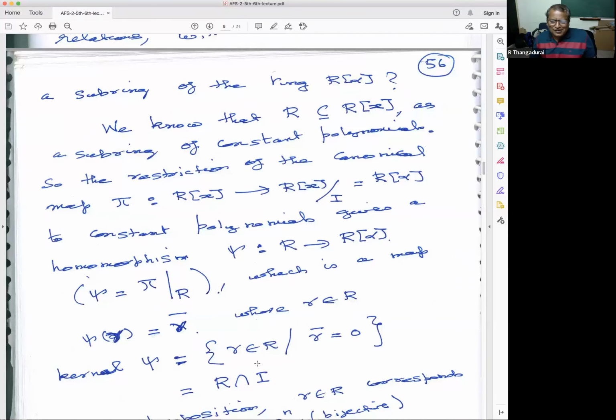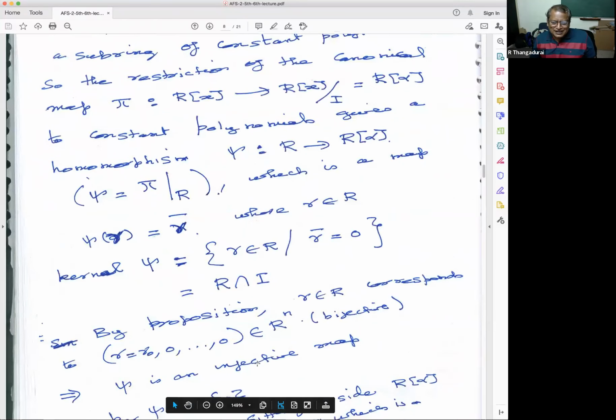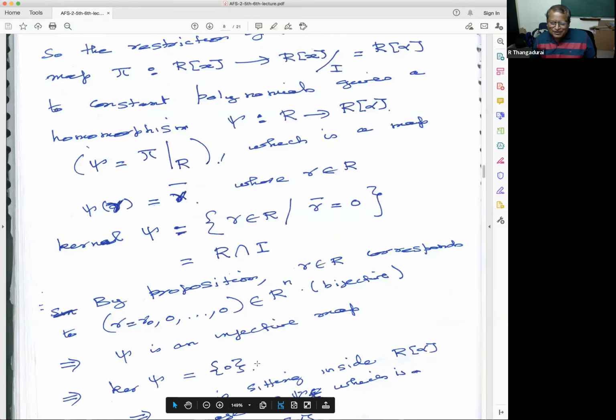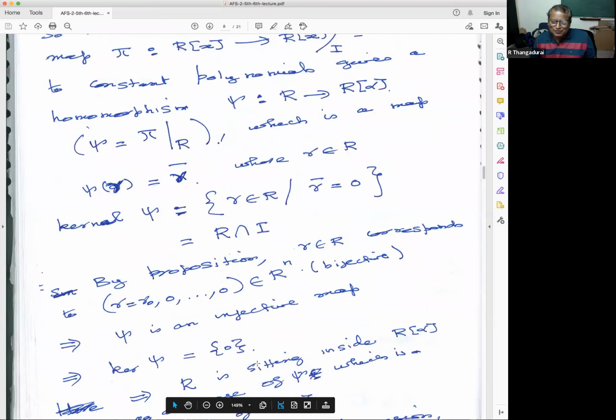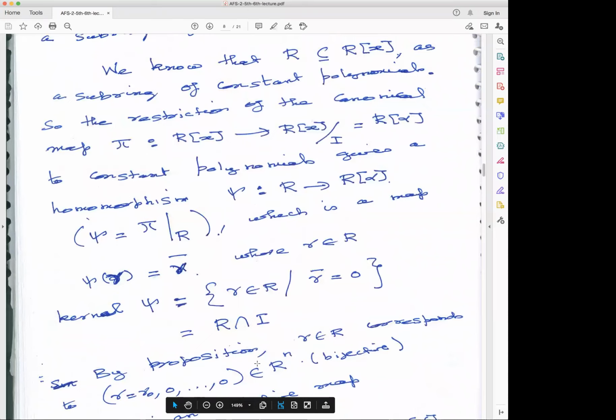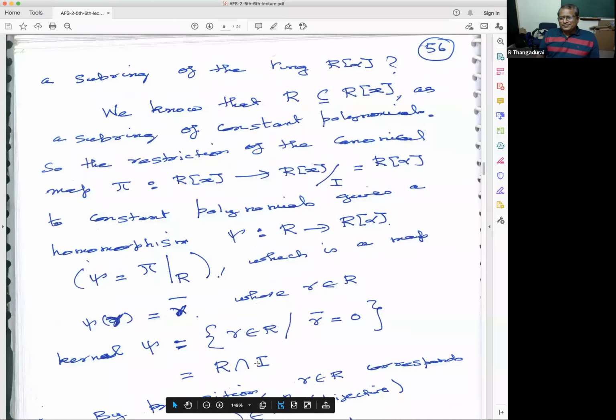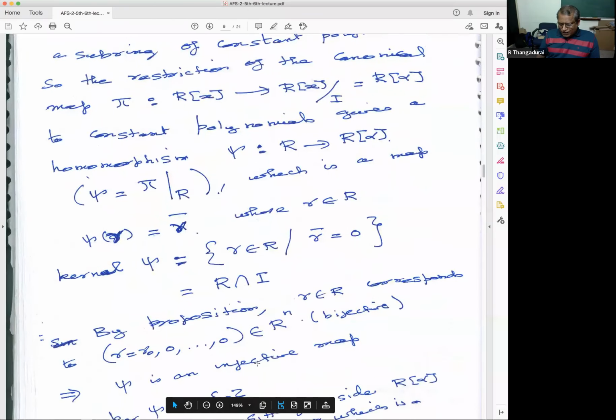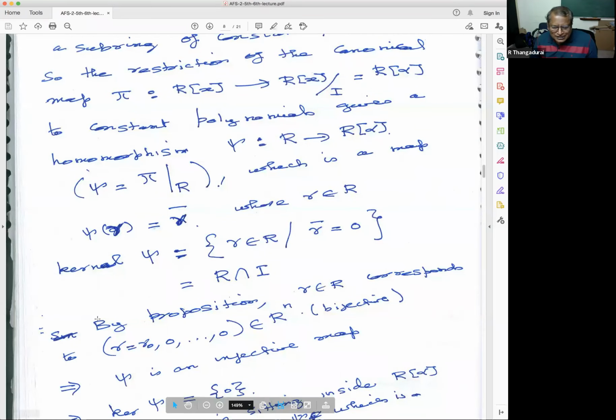I have just written that psi is an injective map. Whether it is clear or not, that's what I'm worrying about. You see, kernel psi has to be 0. Why?